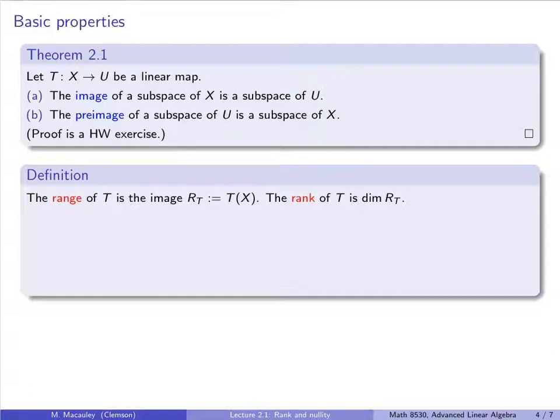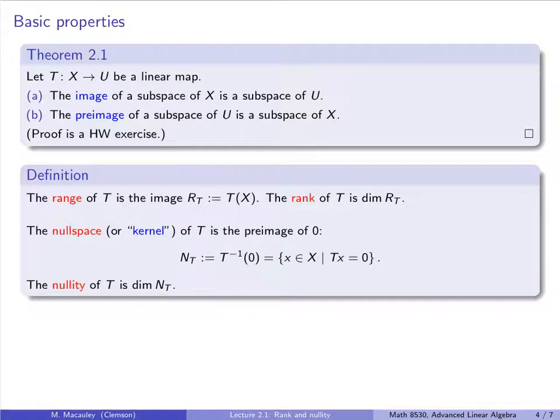Okay, so now let me give some definitions that we will use throughout this class. The range of T, a definition you probably know from pre-calculus, is just the image of the entire space. I'll denote that as R sub T, and the dimension of that is called the rank of T. The null space, often called the kernel in other areas of math, is just the preimage of 0.